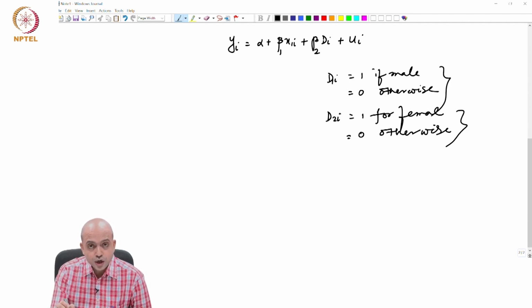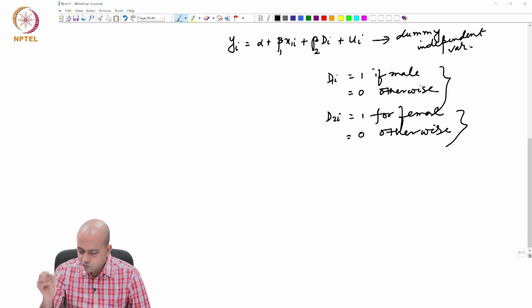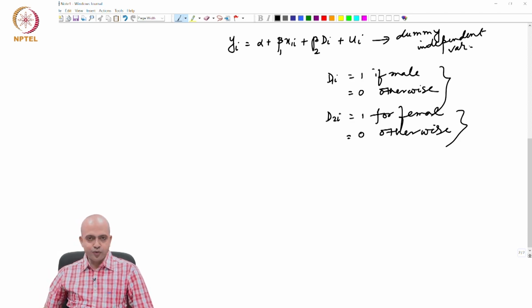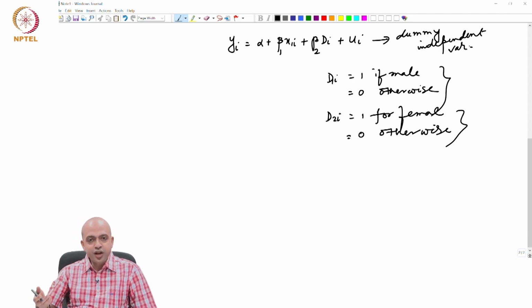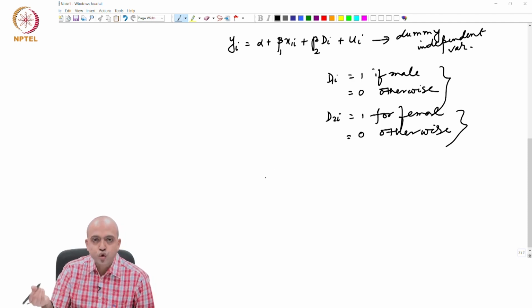So, this is called a dummy independent variable. That means some of your independent or explanatory variables are qualitative in nature, but it may so happen that your dependent variable y is also a dummy.